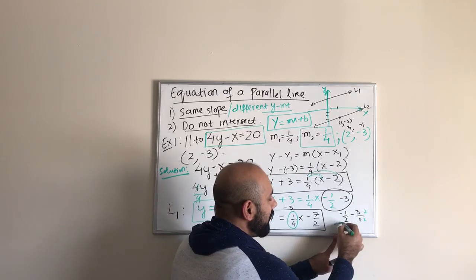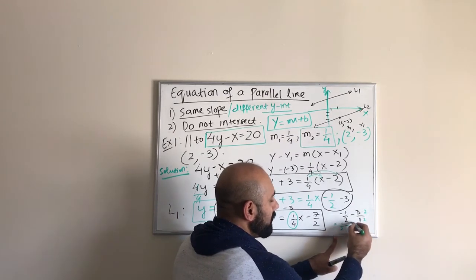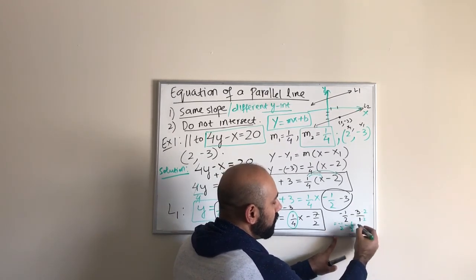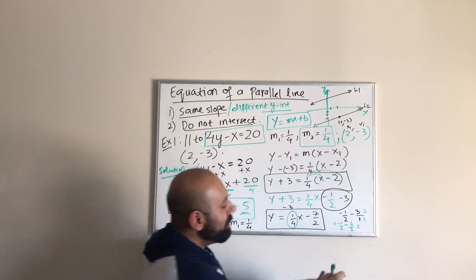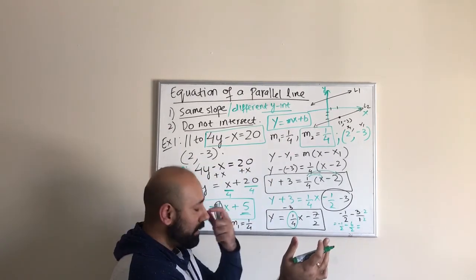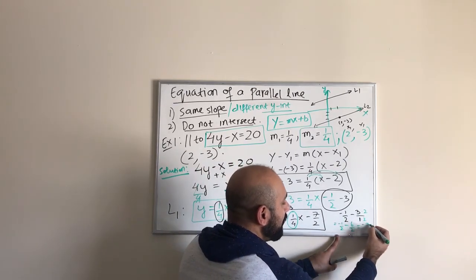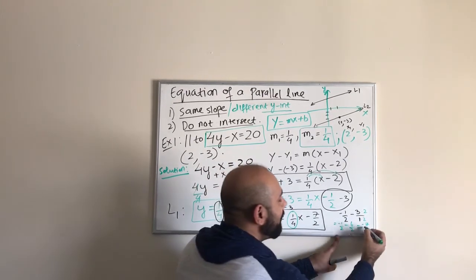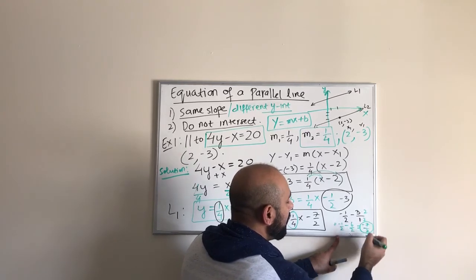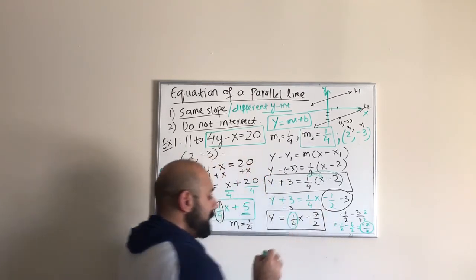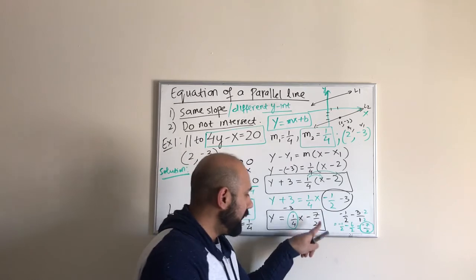So it is going to look like -1/2 minus 3 times 2 is 6, over 2 times 1 is 2. When you have the same denominator, we can combine the numerators. So -1 minus 6 is going to be -7. And then we have a 2 in the denominator. And that's how I got that -7/2, if you were wondering.